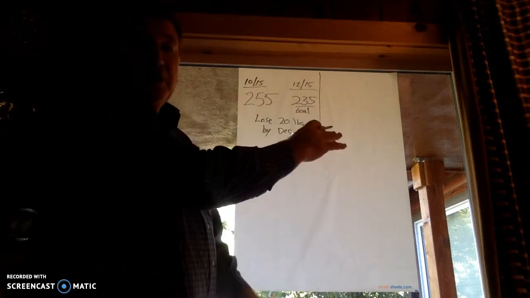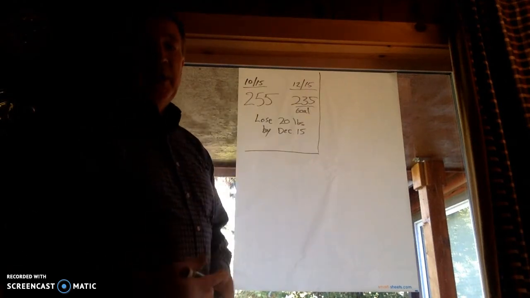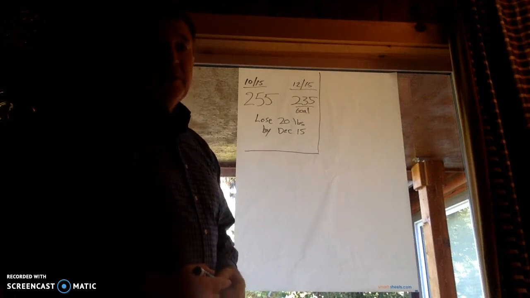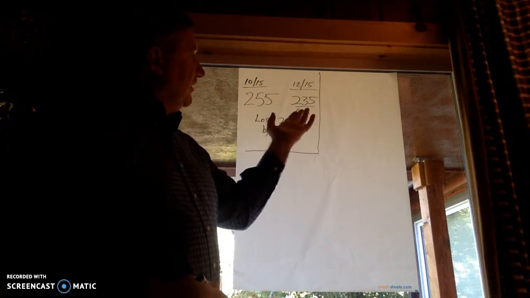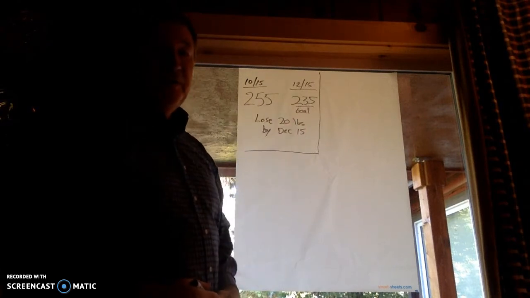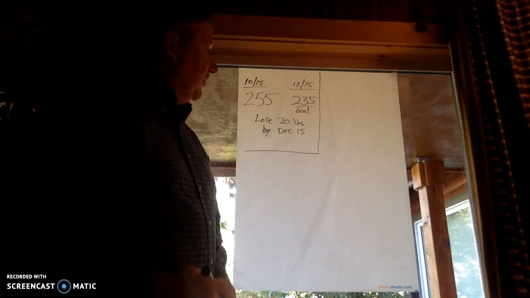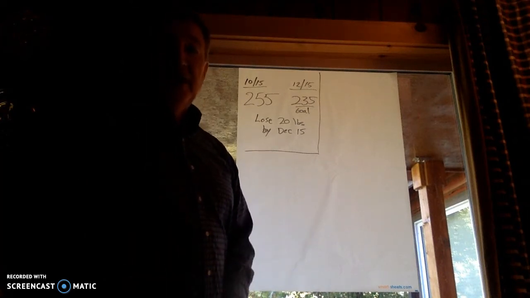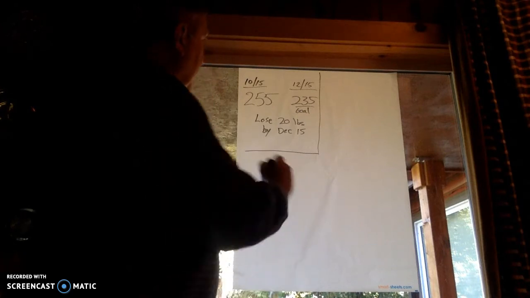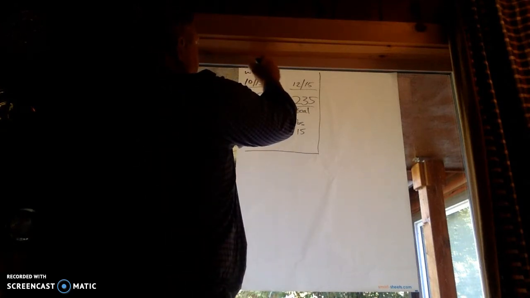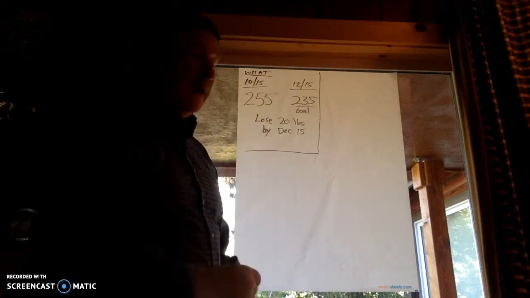Sometimes we do a chart if it's for a business metric or something like that, a picture. But in this case, it's really just to go from 255 to 235. We want to go down 20 pounds by December 15th and have a leaner Larry, if you will. So then this is the what, or what gap I'm trying to address.